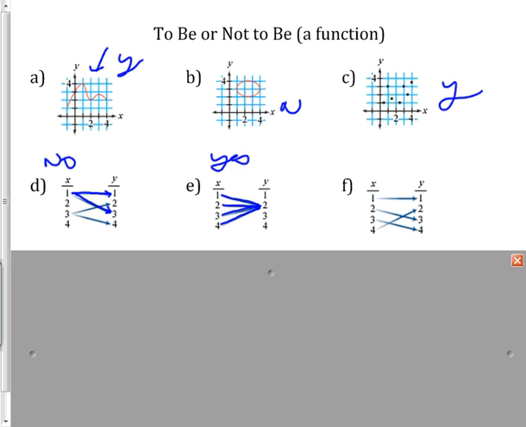It's when one thing points to two different things. Like if I had it pointing to two different things on this next one, where one gives me one and one gives me three, that would have been bad. But as it stands, yes, this is a function. And how about this guy? Yes. All right. I remember what that's about.